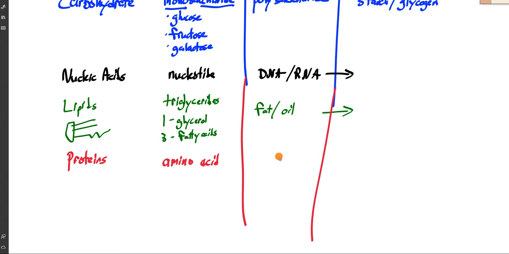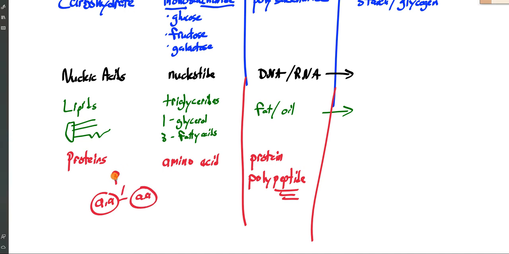The polymer of a protein, we can call it a protein, or we can call it a polypeptide. Peptide is talking about the type of bond between two amino acids. So if you have one amino acid joined together to another amino acid, the bond is called a peptide bond.